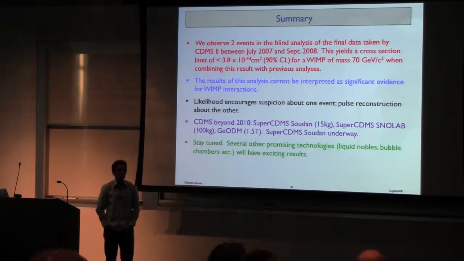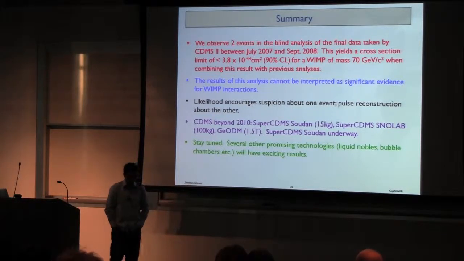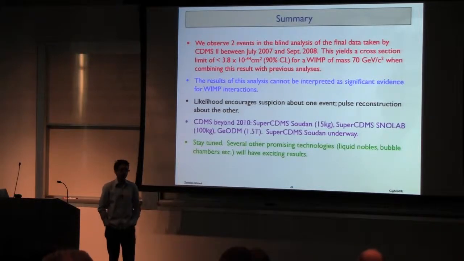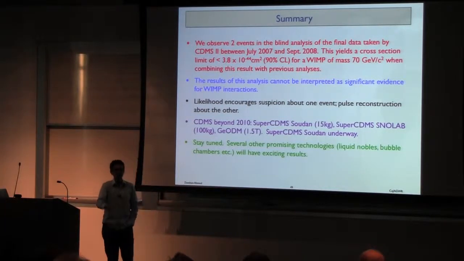Before you did this, there was a possibility you could have gotten 10 or 20 of them. So I was just wondering how far your collaboration got into thinking what criterion you would have before pronouncing an actual detection. Right, so 10 or 20 events was very unlikely because the exposure of this was just twice the previous exposure. But before unblinding, we laid out criteria for ourselves, saying what it means if it's 2 events, what it means if it's 3 or 4 events, and really it starts getting significant for this particular result only if it was 4 events or more.